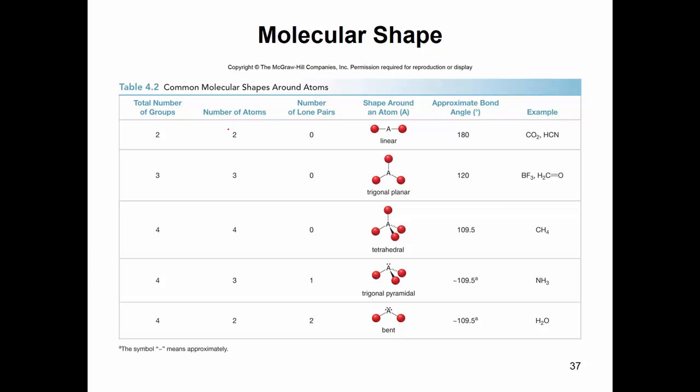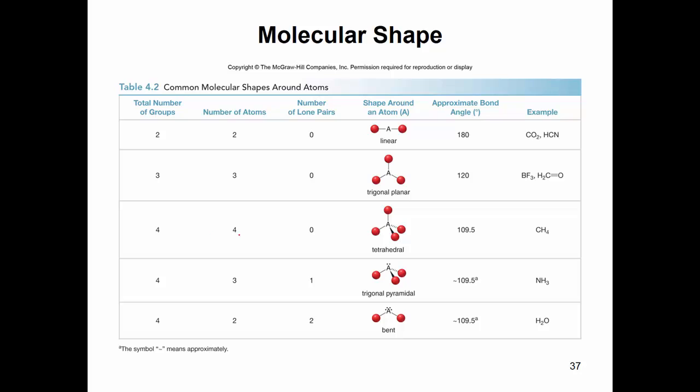So if we had 2 atoms around that central atom, or 2 groups, and there were no lone pairs, we got a linear geometry, and there's some examples. If we had 3 groups around the central atom and no lone pairs, the bond angle is 120, and it's trigonal planar geometry.